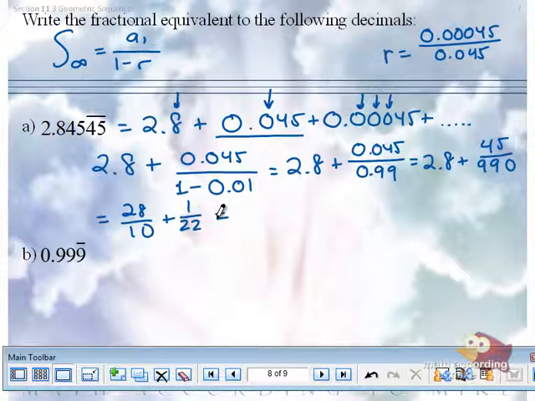So 28 tenths plus 1 22nd. Let's see. We would need a common denominator here. Oh, we could reduce the first one. We could say 14 fifths plus 1 22nd. Oh, that's okay. So now we'll multiply this one by 22, top and bottom. This one by 5.